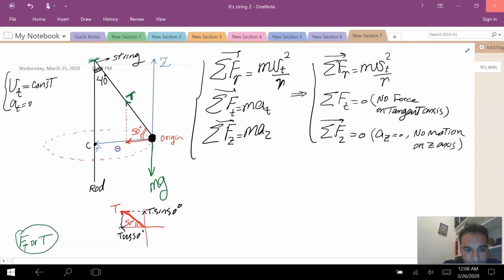Okay, so this will be T cosine 50. And in the same way, make a perpendicular line from tension to z-axis, and this will be the direction of the component, correct? So this will be what? T sine 50. Let me make it better.